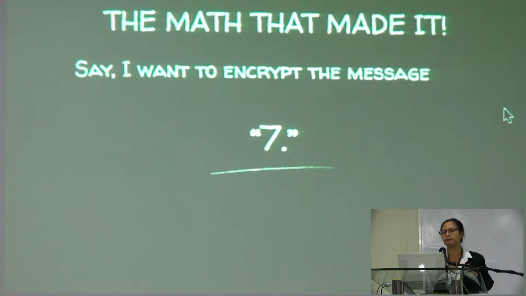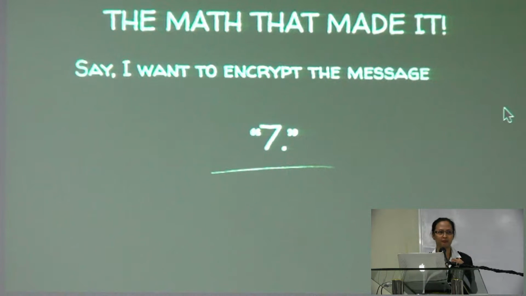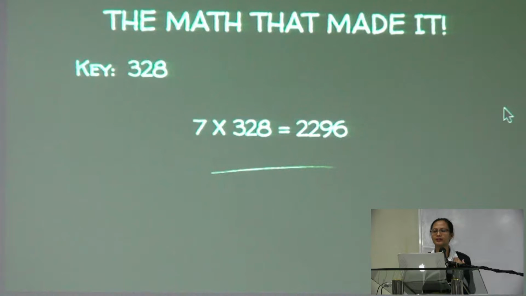Say for example, I want to encrypt the message, let's say my message is the number 7. So what I'm going to do now is to think of an encryption process. Let me make this simple. So that my encryption process is multiplying my message 7 by the number 328, which I will call key number 1.